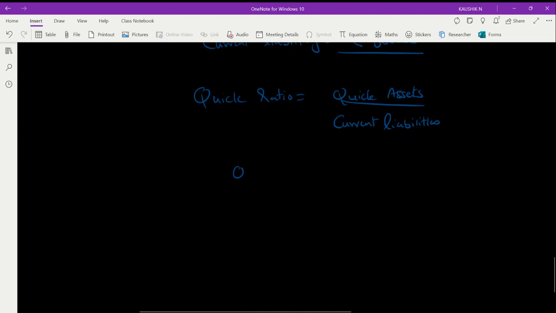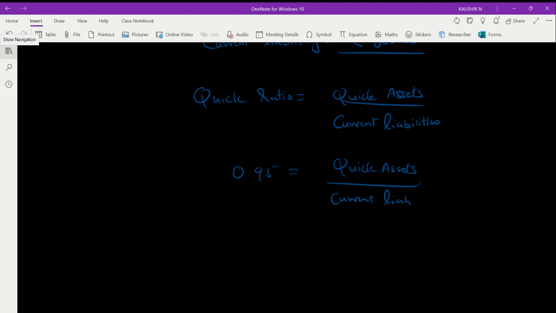So 0.95 is equal to your quick assets divided by your current liabilities. Just cross multiply.